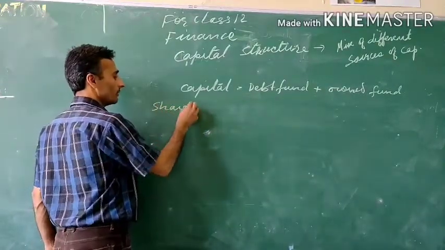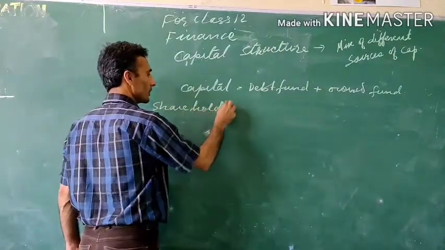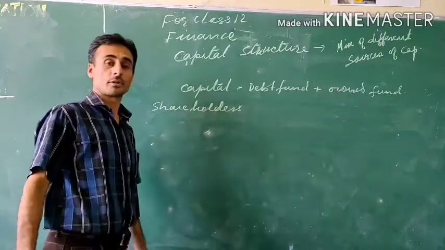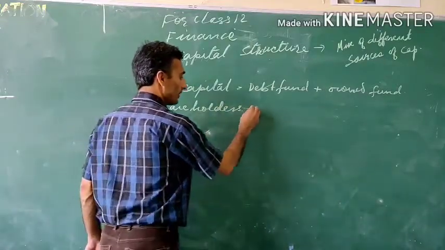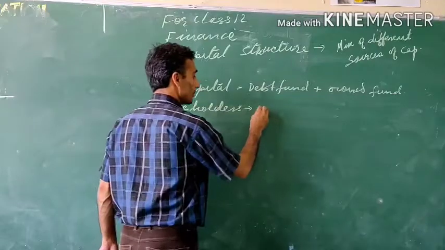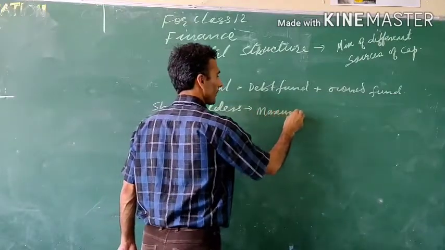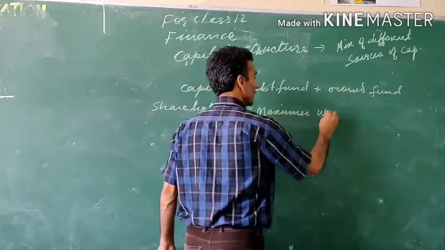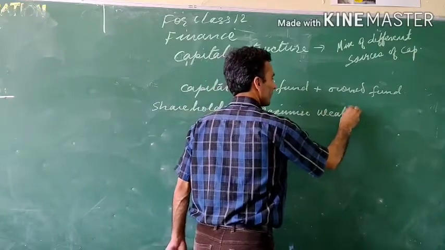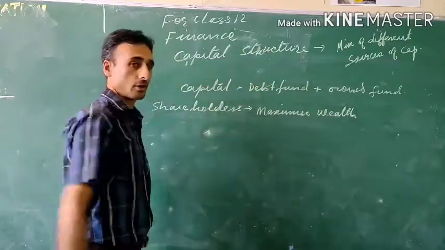Who are the owners of the company? It is the shareholders. Which shareholders? The equity shareholders. And the objective of every business organization is to maximize wealth. Maximize wealth of the shareholders.